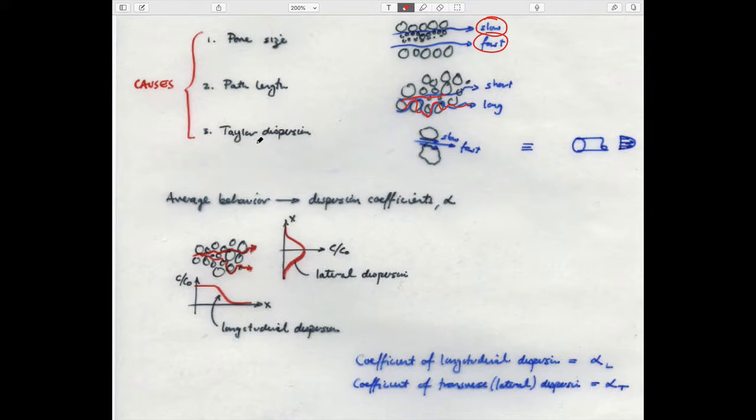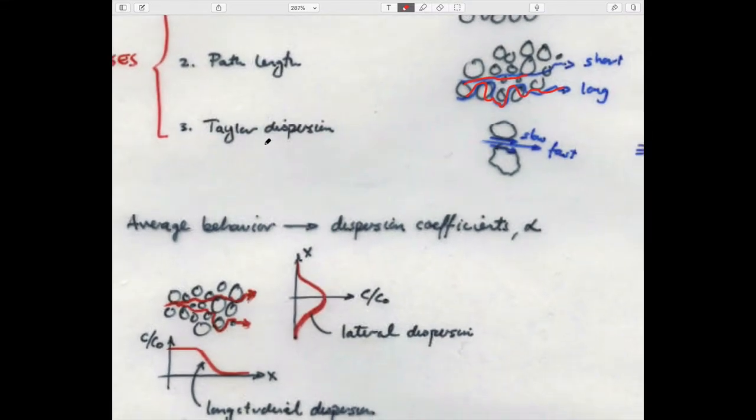And the other effect, which is perhaps a minor effect, is that even within each pore, you can imagine, from what you know about the distribution of velocities that occur along a pipe, I think you know that that velocity distribution is parabolic. And so this is velocity, I guess, in the middle.